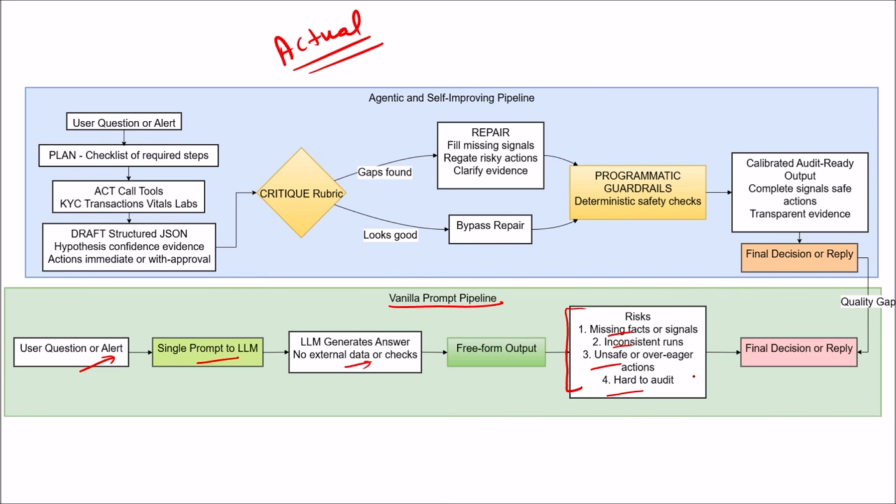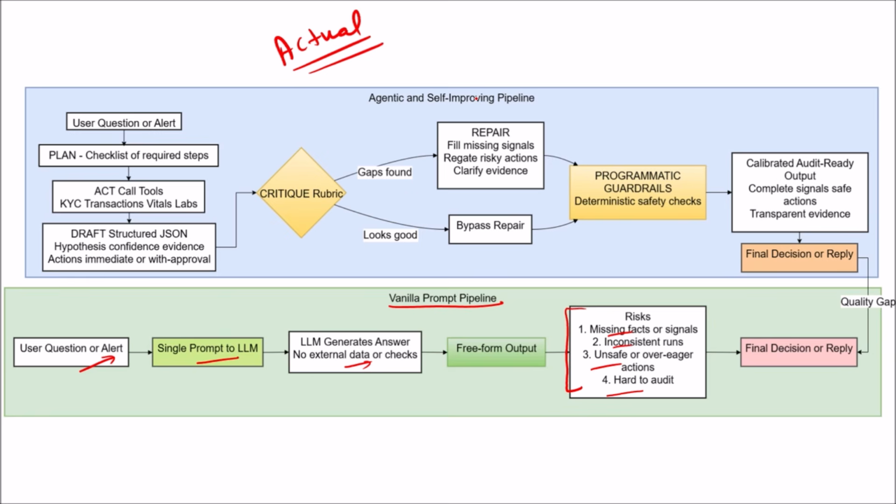Once it generates the final answer, how can you audit what goes wrong in the entire process based on just a question and this answer? So this type of problem you will face if you use the vanilla prompt.